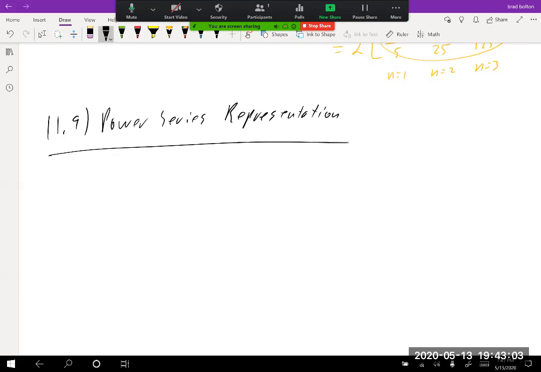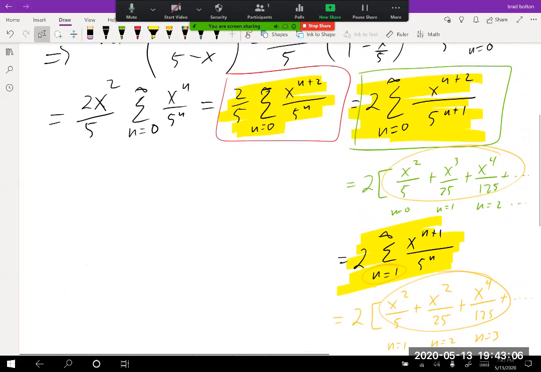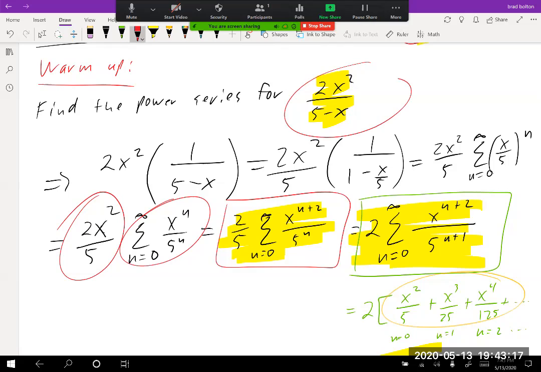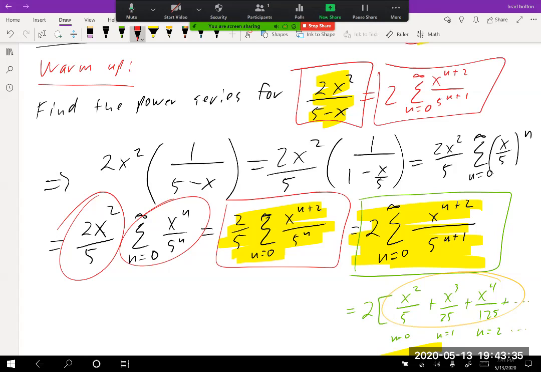So basically in the last section right here in this warm-up, we saw that we could take this function, 2x squared times 5, and multiply it by this series, and we could build that series. We said that this series is represented by 2 summation n equals 0 to infinity of x to the n plus 2 all over 5 to the n plus 1. We just said that these two things are now the same, right? They can represent each other given an infinite amount of terms, all right?